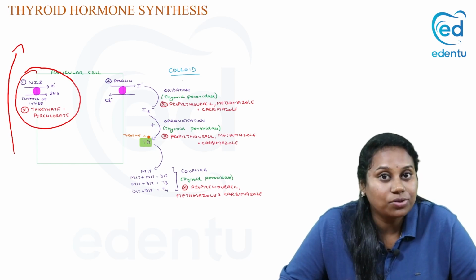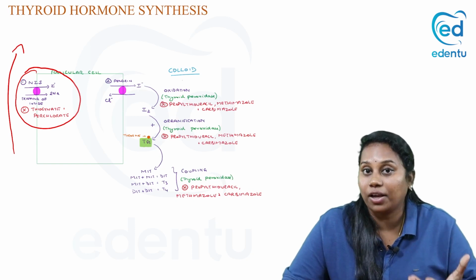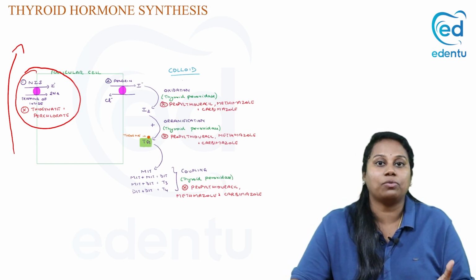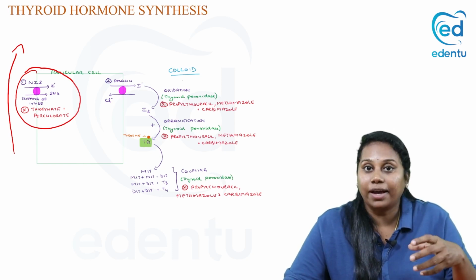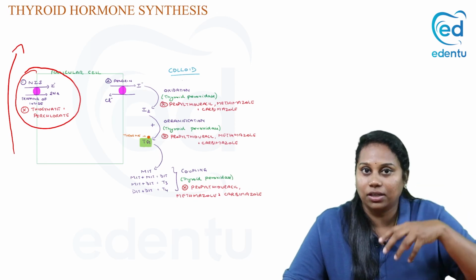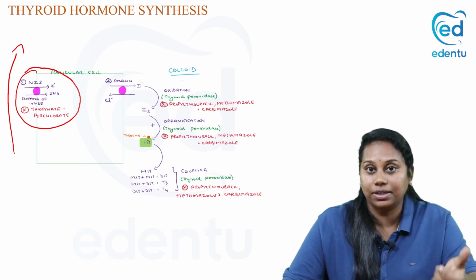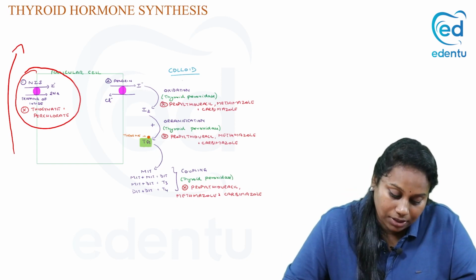So who will give iodide to the blood? Yes, the diet that you eat, it contains iodine, and when iodine is absorbed from the intestine, it is absorbed in the form of iodide, and this iodide enters the blood. And this blood carrying the iodide, when it flows in the circulation, when it comes across your thyroid gland, if it crosses the follicular cells, it is quickly trapped by the follicular cell.